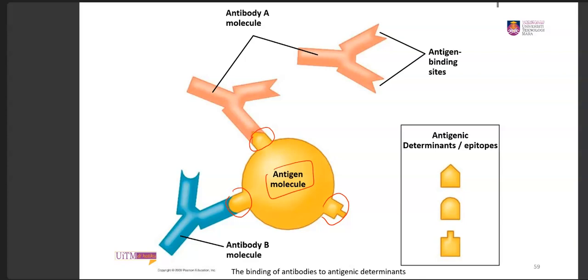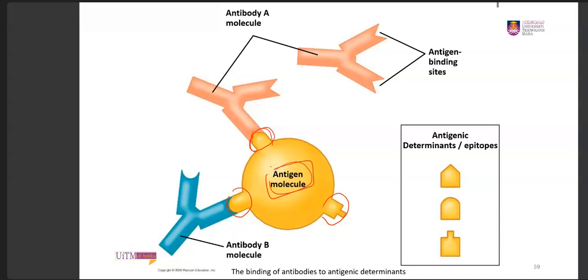So that for one antigen molecule, you can have several different antibodies that are possible to bind to the antigen. Instead of just one shape and one antibody, the benefit is that it binds to the epitope.